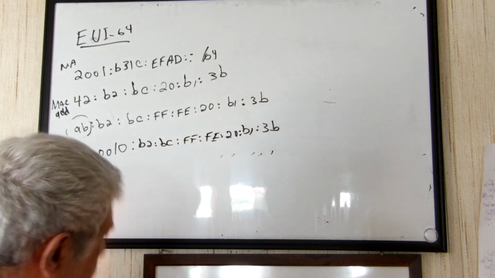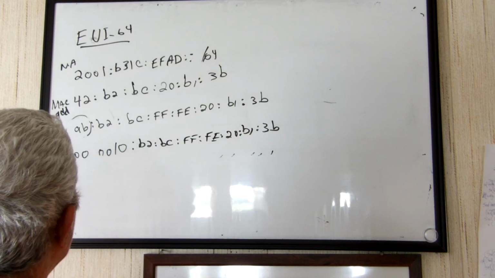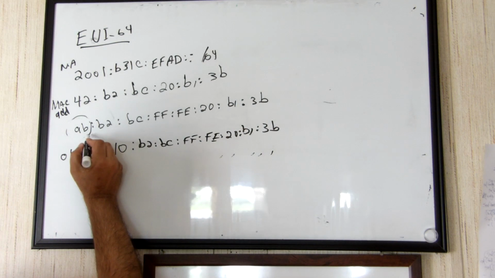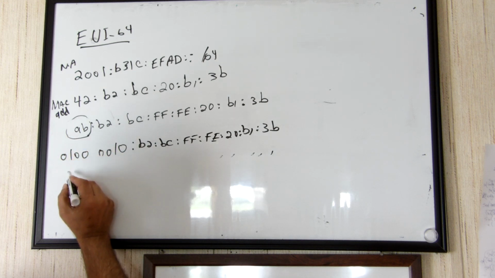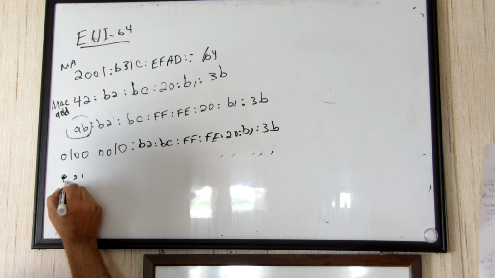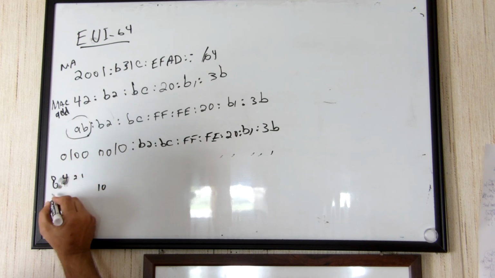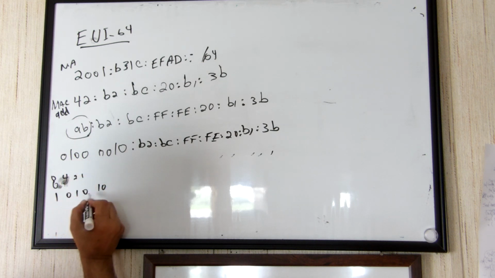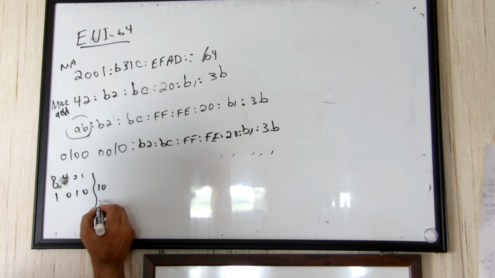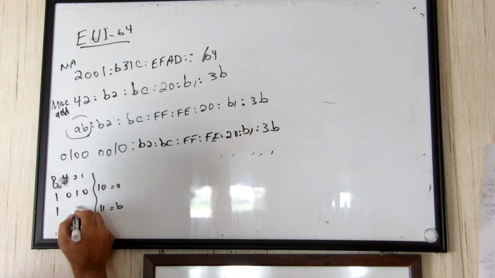So if this one is AB, what is AB? A is 10. We have 1, 2, 4, 8. What is 10? 8 plus 2 is 10. And B is 11, 8 plus 2 plus 1.